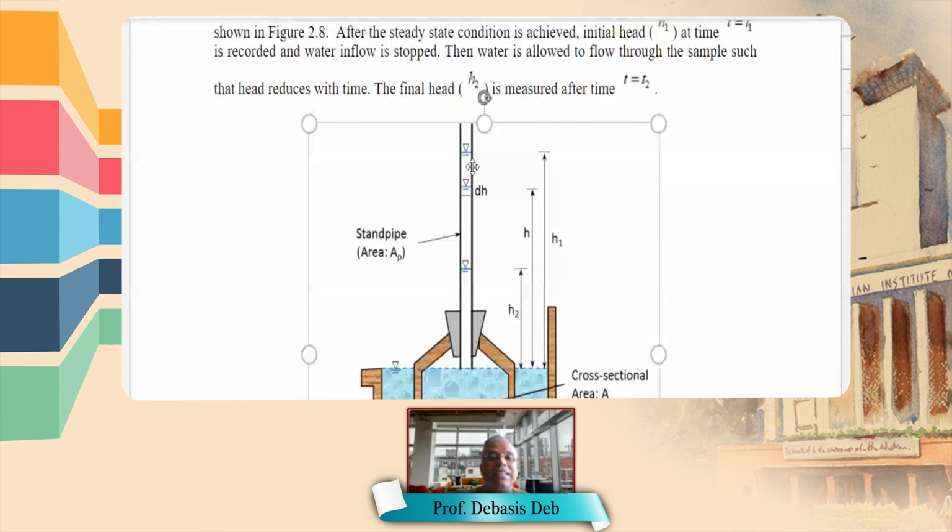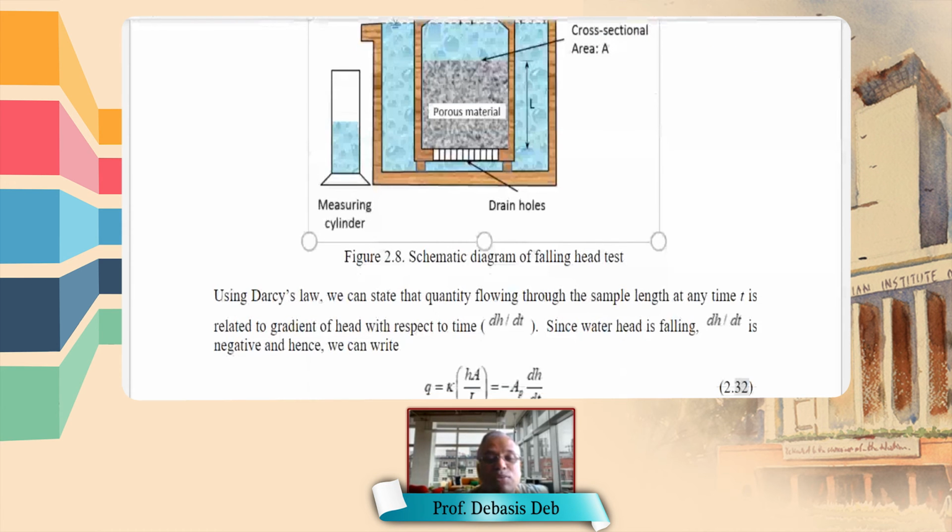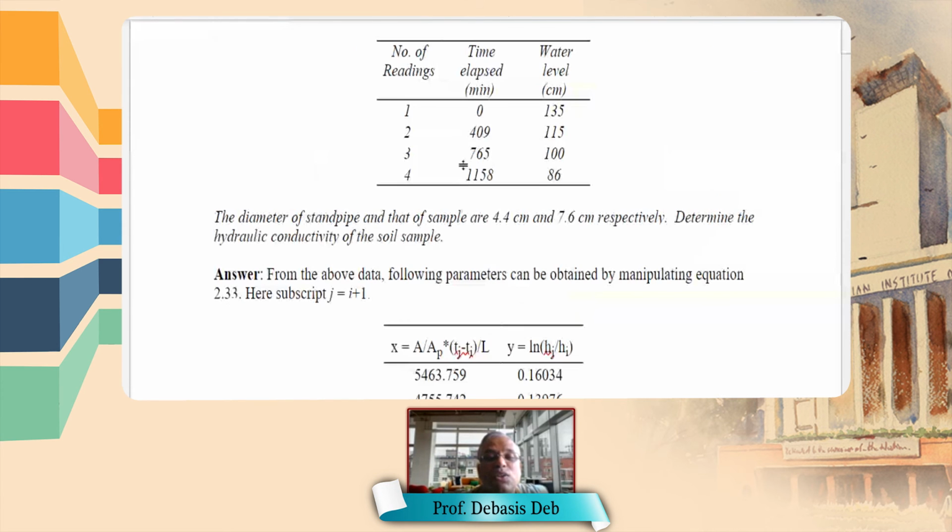Then after 6.5 hours, you came back and you saw the water level has dropped down to a certain level, which is 115. Like this, you have to collect the data. So 4 data points have been collected, probably over a day.